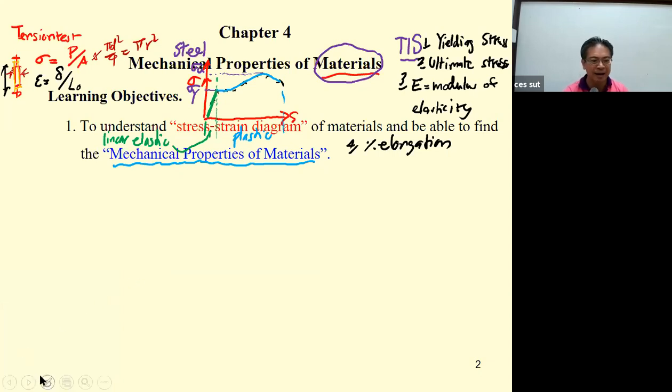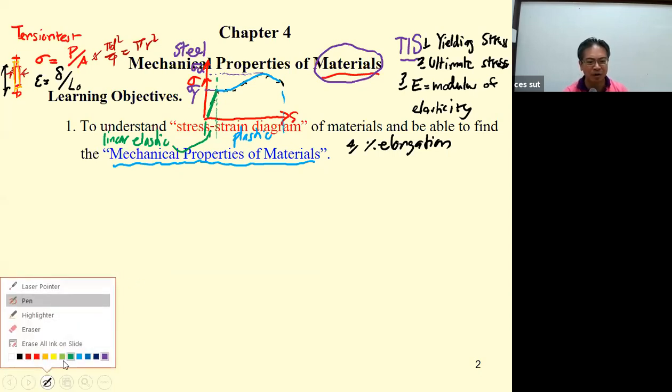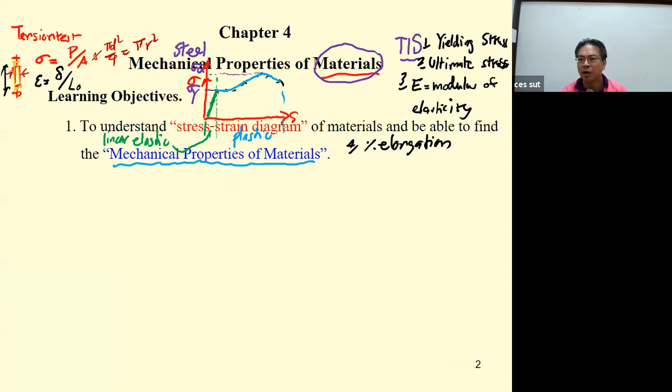The modulus of elasticity is the slope in the linear elastic portion. That E is going to be delta sigma divided by delta strain. And for the percent elongation, that is the formula to find it.